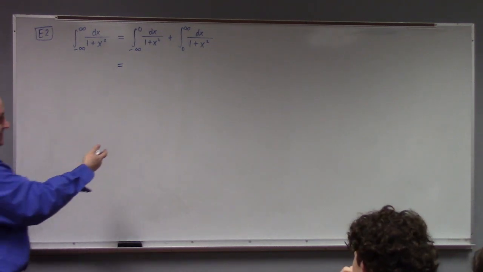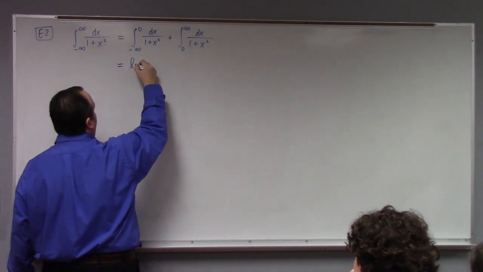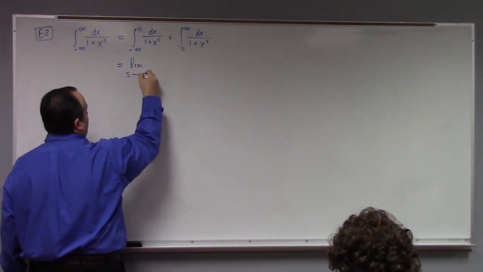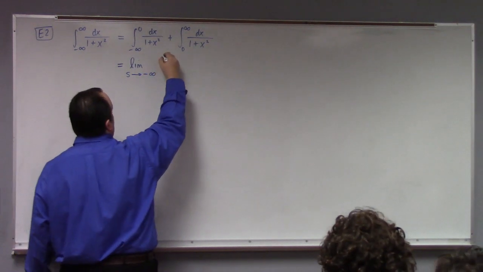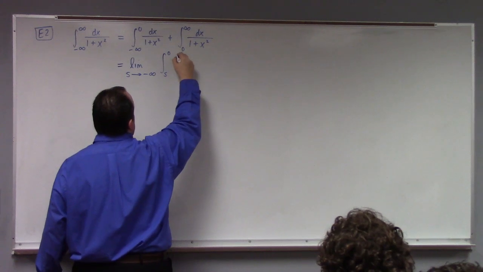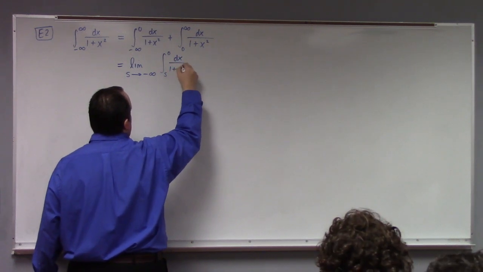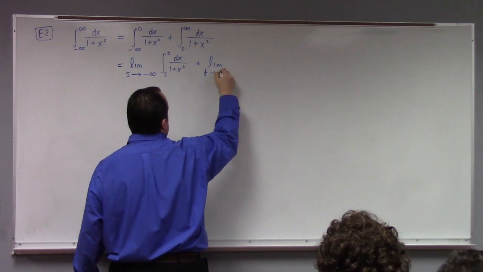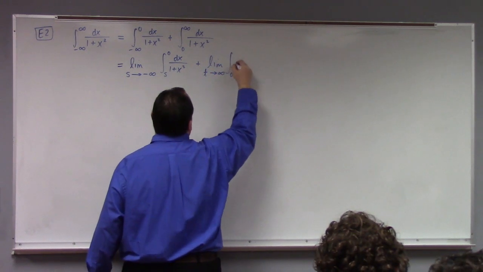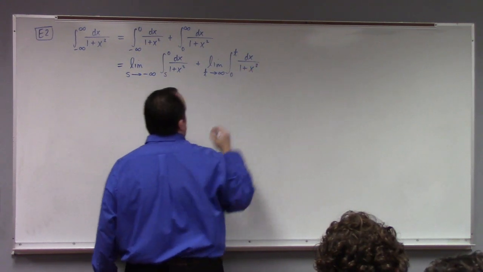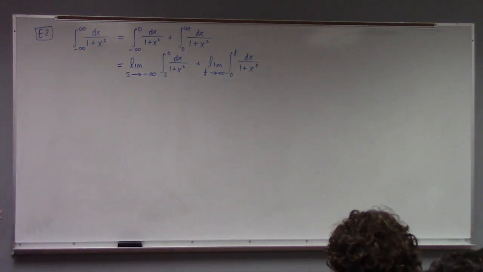By definition, this is the limit as s goes to minus infinity of the integral from s to 0 of dx over 1 plus x squared, plus the limit as t goes to infinity of the integral from 0 to t of dx over 1 plus x squared. What's the integral?